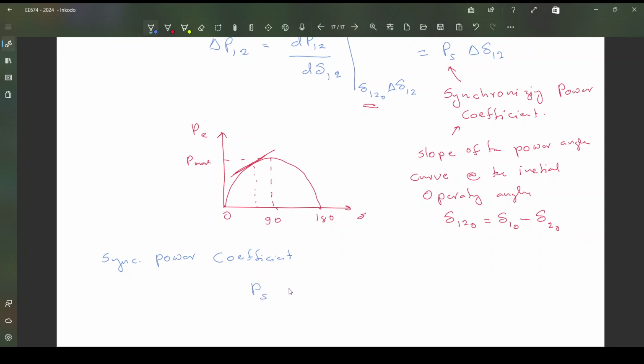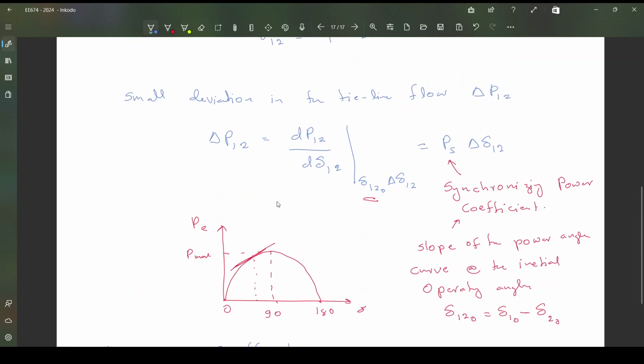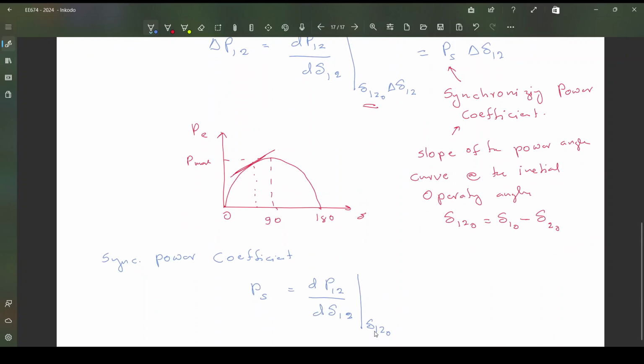Ps is equal to dP12 over d delta 12 at the initial angle delta 12 0. Same equation, but we are calculating it at the initial condition.